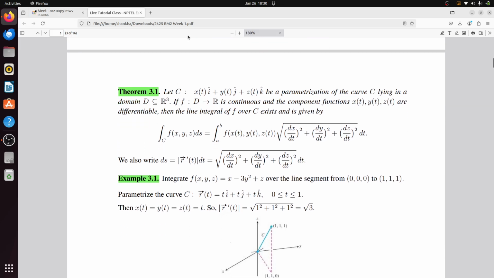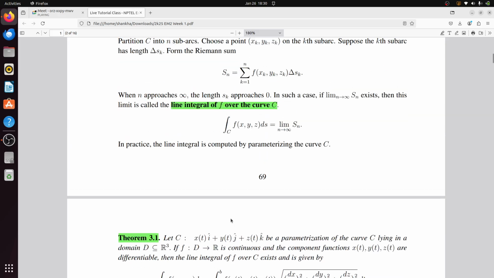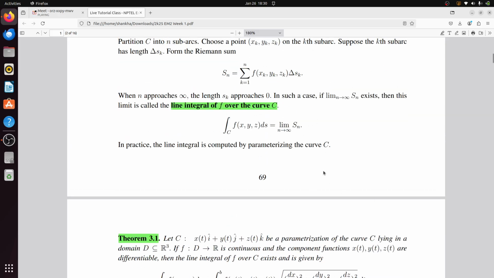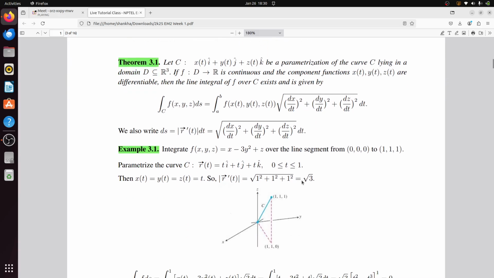Here we will not use the definition while solving the problems. For example, this is an important theorem. Let x(t) i cap plus y(t) j cap plus z(t) k cap be a parameterization of the curve C lying in the domain D, a subset of R cube. Why have we considered R cube?